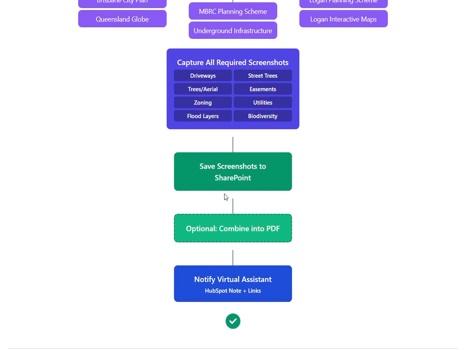Now from that PDF, a virtual assistant is notified, and of course the relevant reference points are created by the system. So basically, that's a very high level presentation of the system.